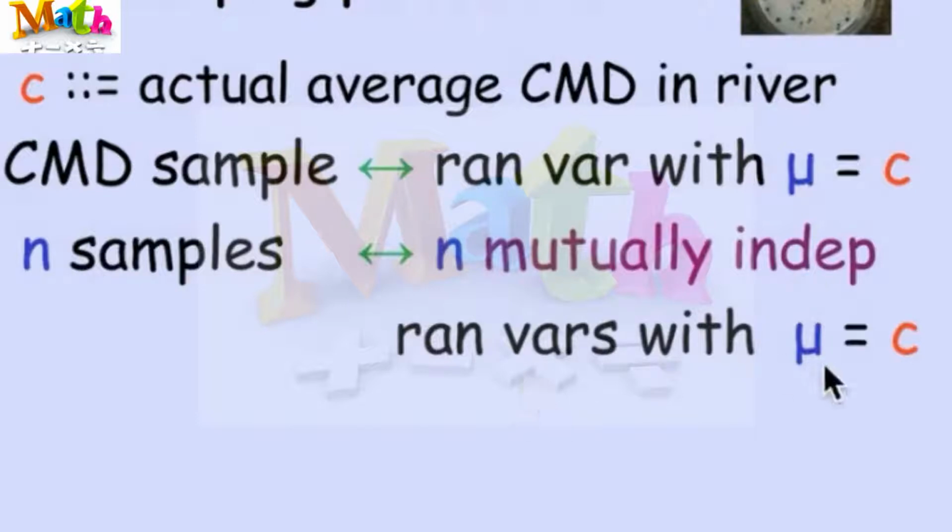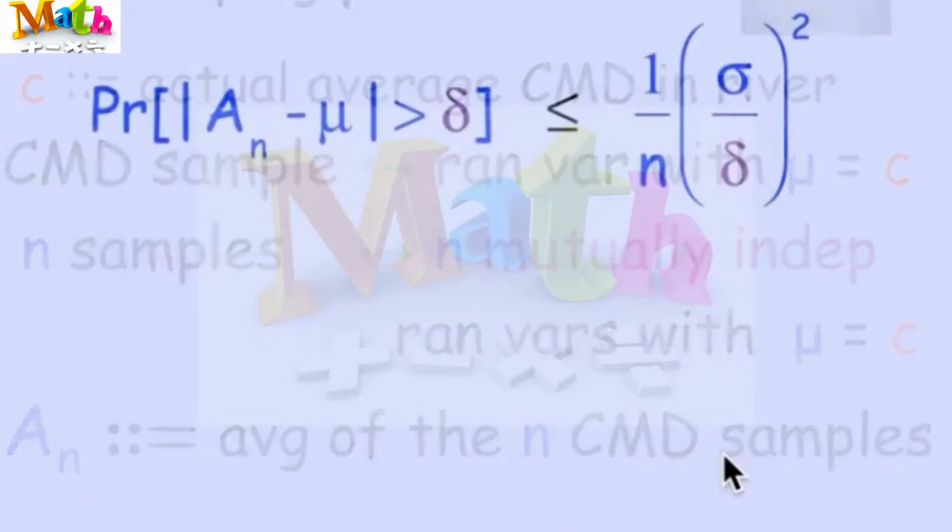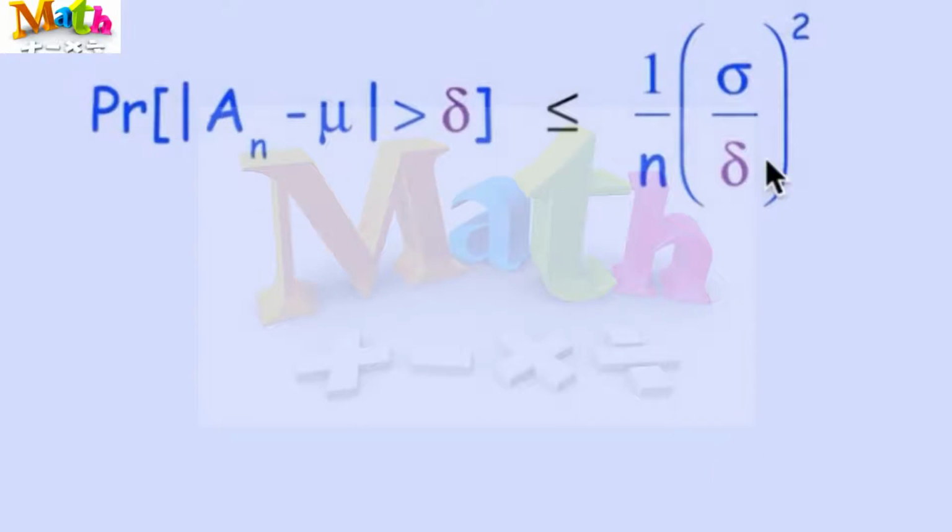In fact, we've done it with 32 variables. So n samples means n mutually independent random variables, all with mean equal to the number that I'm trying to estimate. And A_n is the average of the n CMD samples. So we have an A_32 that we're trying to understand.